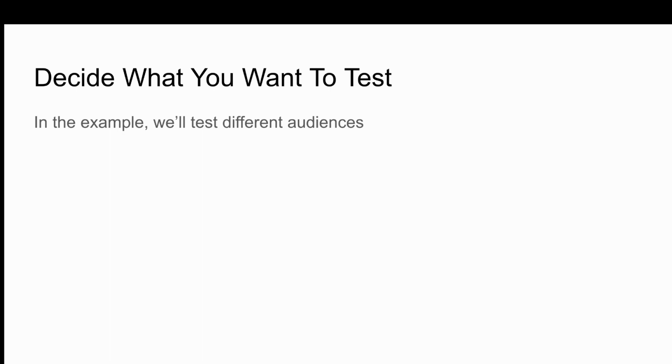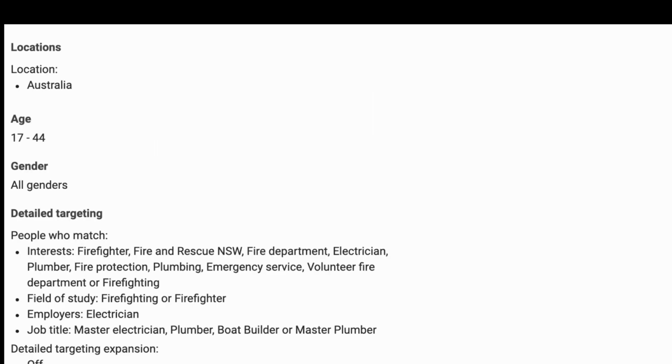So in the example that we're using today, we'll test different audiences, and this will be for one of my past clients that I've worked with who works in selling online courses. So one of the targeting setups here is people in Australia, 17 to 44 years old, who have an interest in firefighting, maybe tradespeople.